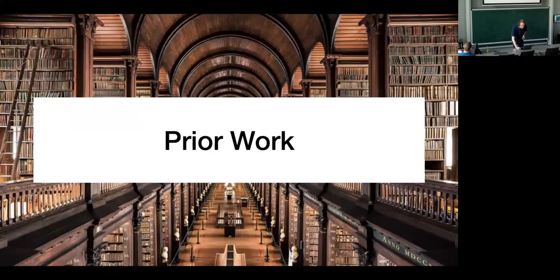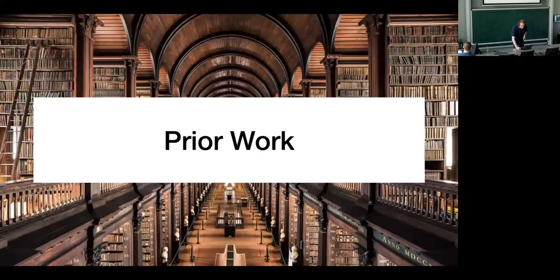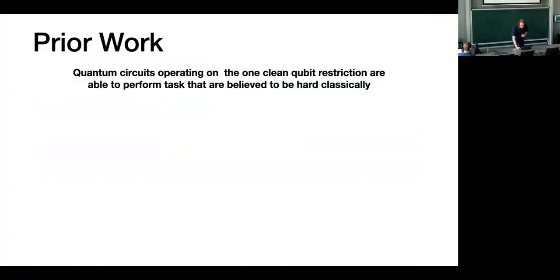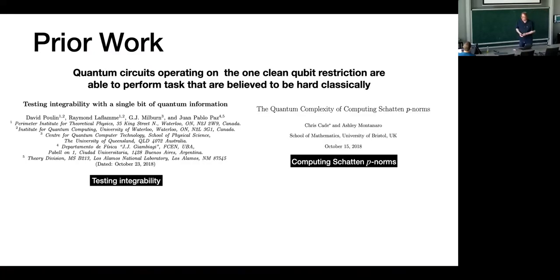Okay, so there's a lot of prior work on this. So yeah, the illustrations are all done by my student, and sometimes I don't know, but here it's clearly a library of prior work. So there are several problems that can be surprisingly done quite well on the one clean qubit model: testing integrability, computing Schatten p-norms.